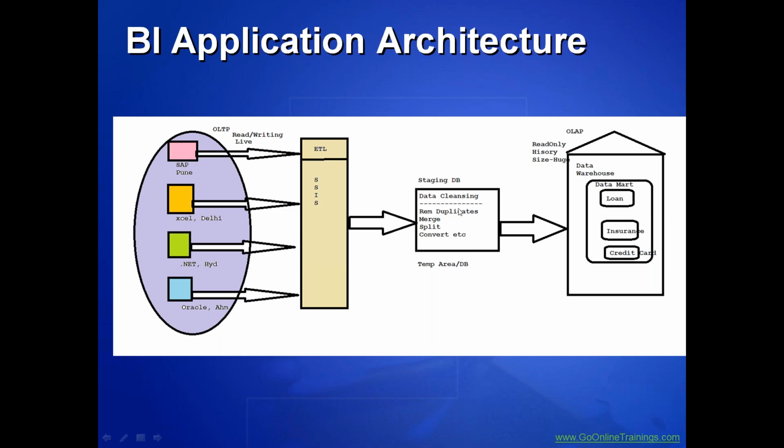If you have 1,000 rows, 1,000 rows will come. If you have 5,000 rows, 5,000 rows will come. If you have 2,000 rows, 2,000 rows will come. So we may not do any transformation while loading the data from the source system to the staging. You get 1,000 rows, you dump them as they are. ETL: extract the data, load the data. You may not apply any kind of transformation.